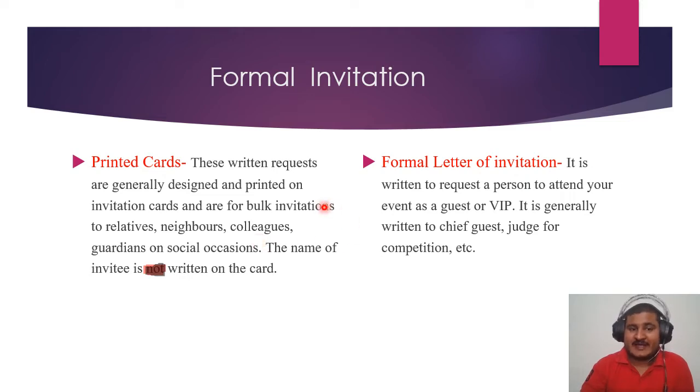But remember one thing: in printed cards or card type invitations, you have to write the name of each guest, each invitee, manually by hand, because it is not possible to write the name of each guest on the card during printing. So you have to write the name of the guest manually by hand. I hope you got that.